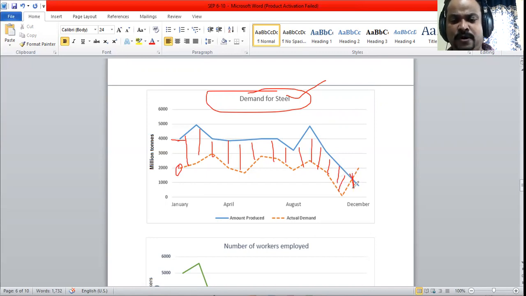Up to December, almost towards the middle of December, you can see the demand and the production equal, and then the demand goes further. So this is the only month you can see that the demand is surpassing the production, a higher demand. So this is the story here.